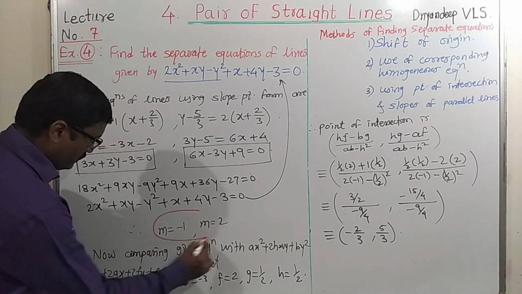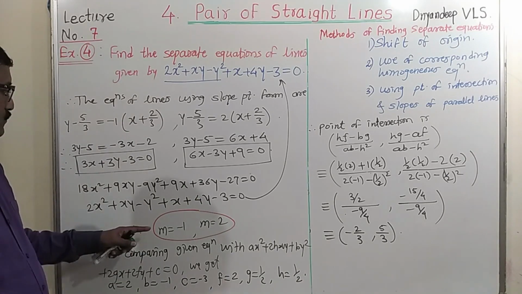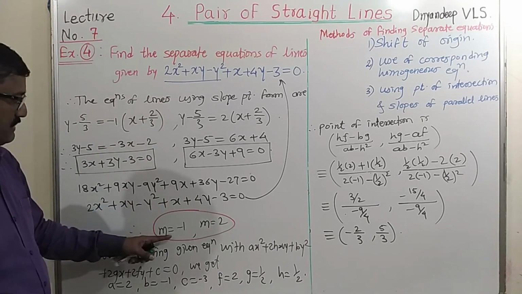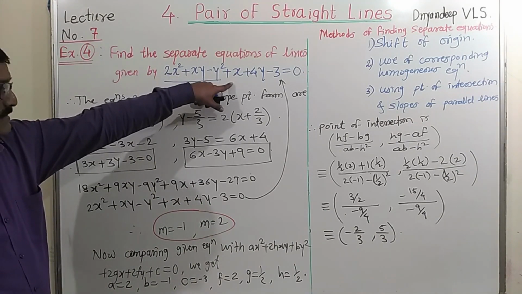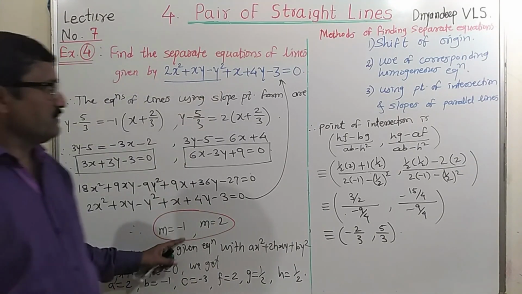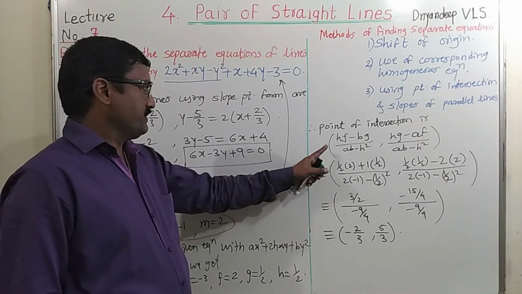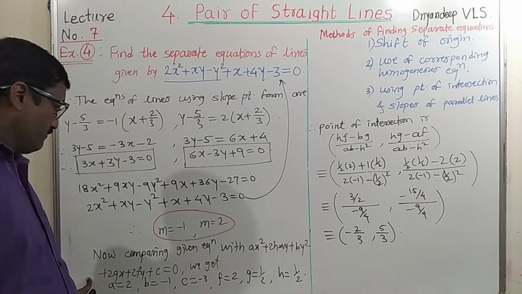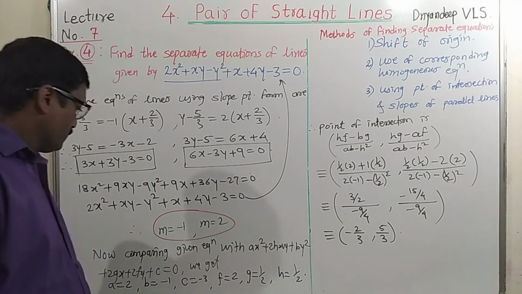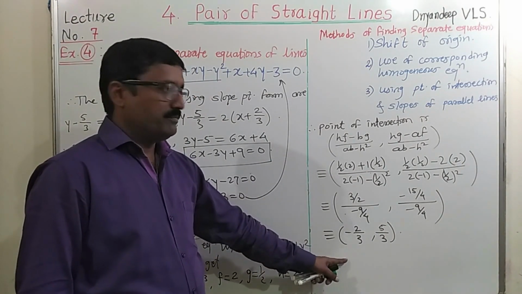It will give you the slopes of two lines which are passing through origin. And obviously the slopes of these two lines and slopes of these two lines which are not passing through origin are same. So knowing those slopes and finding the point of intersection using this formula, comparing this equation with this general equation, we will get the values of ABC, FGH, and using that we will get the point of intersection.